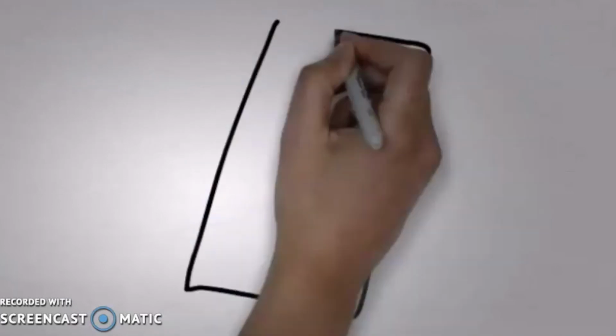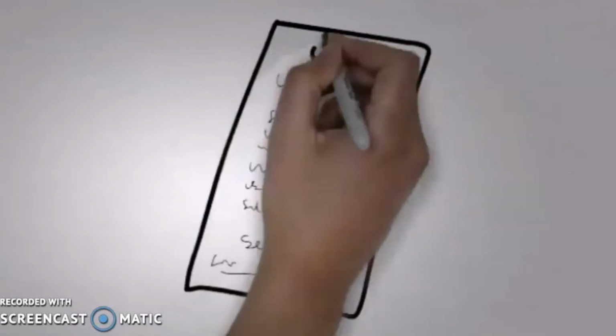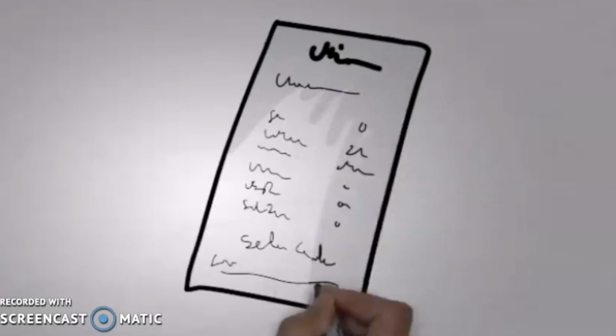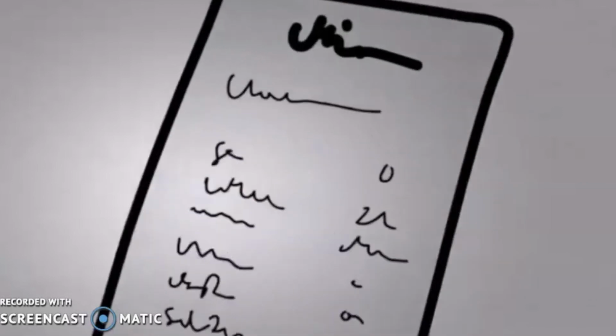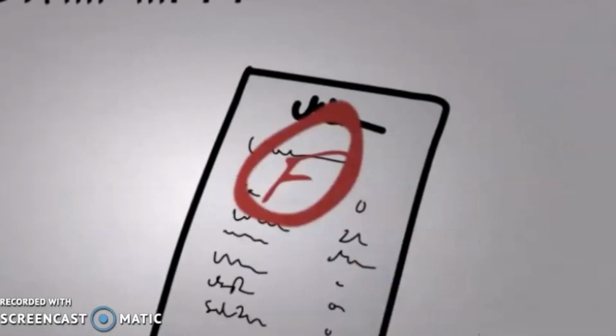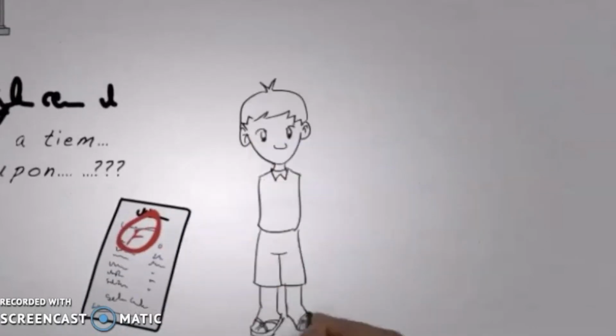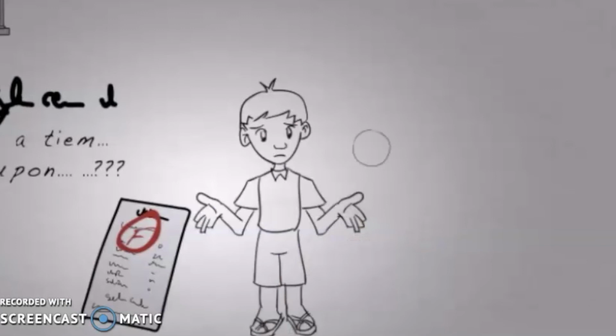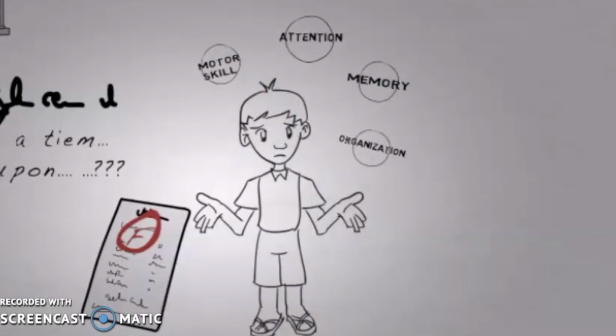Dysgraphia can and often does interfere with a student's ability to express ideas, and as a result, they end up producing work that does not reflect their true ability. Writing requires a student to synchronize many mental functions: organization, memory, attention, motor skill, and various elements of language.